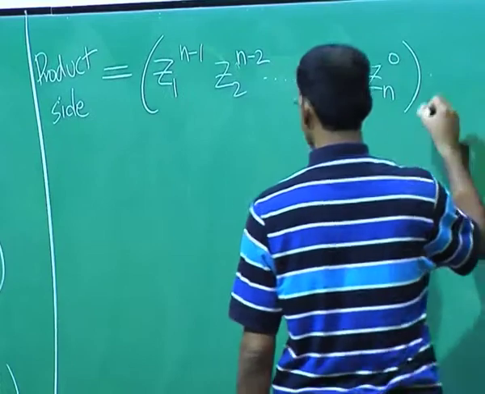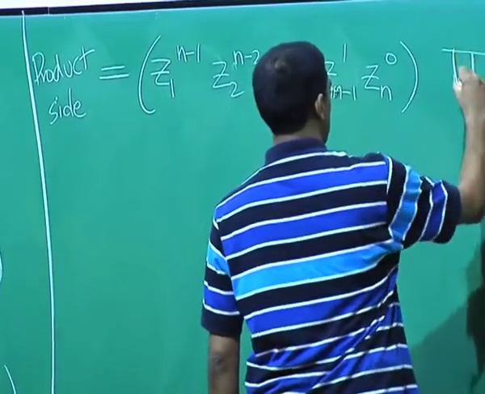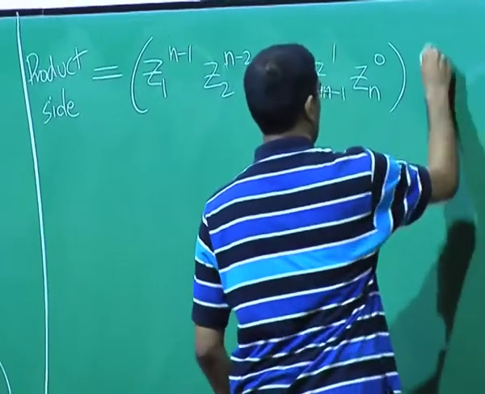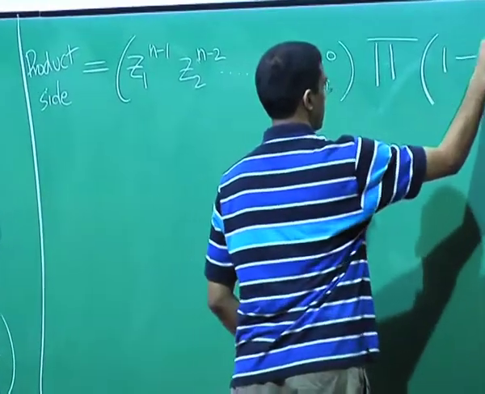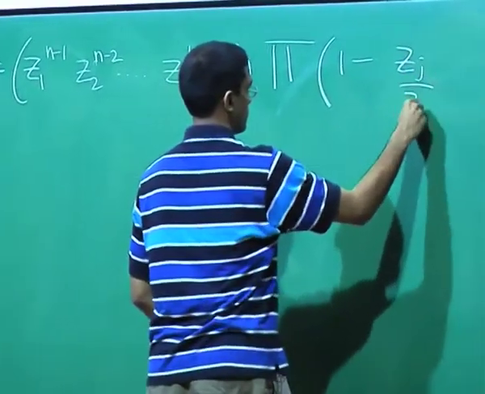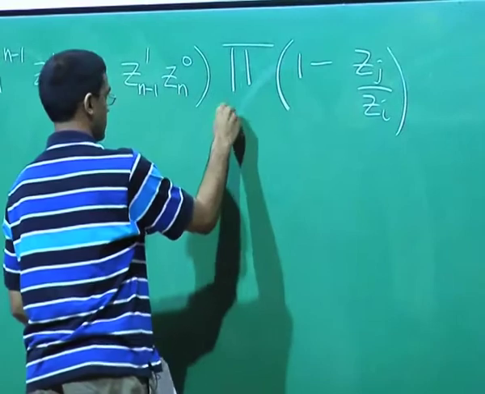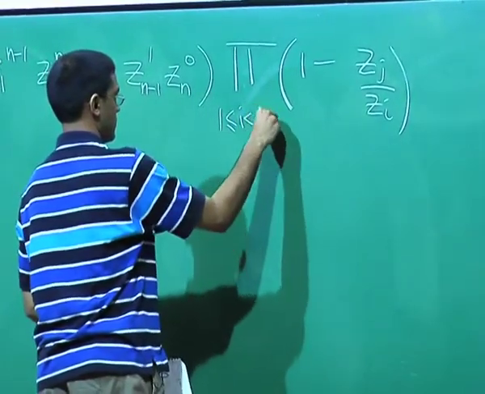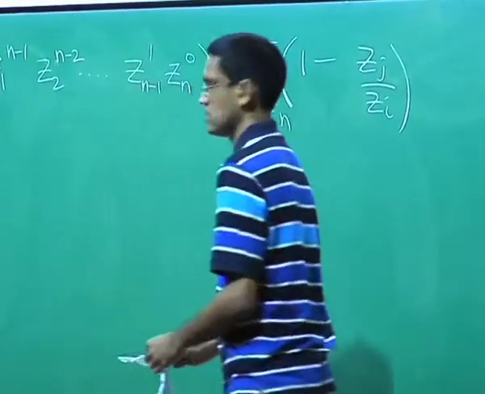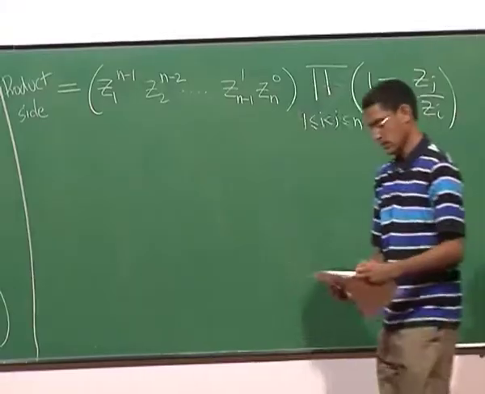Those are the terms, and then the rest is of course things of the form 1 minus something. So that's the product side of the identity.